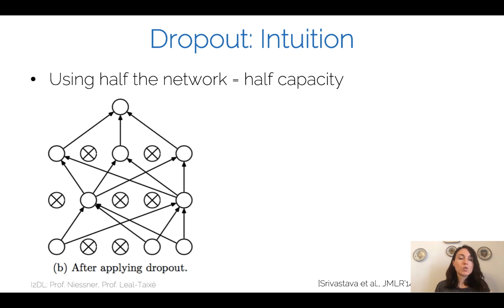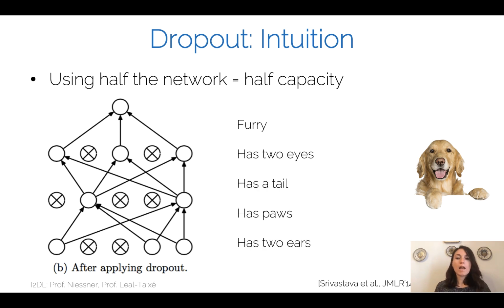The intuition behind why dropout is a regularization technique is this: if we are building a classifier, let's say a dog classifier, we have certain characteristics that our neural network has learned. There are certain nodes responsible for detecting whether there is the furry characteristic in the image, whether there are two eyes in the image.